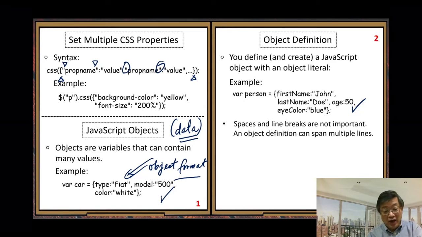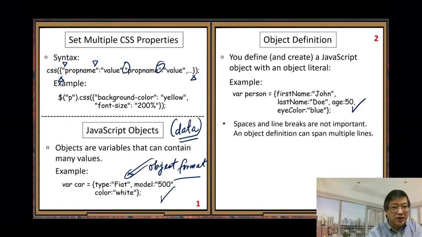So you can see JavaScript objects are pretty easy to understand, right? When you see it, you know how many properties are inside this object. For each property, what is the name? What is the value? Pretty straightforward.